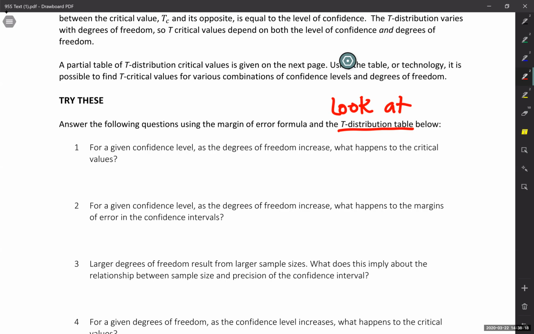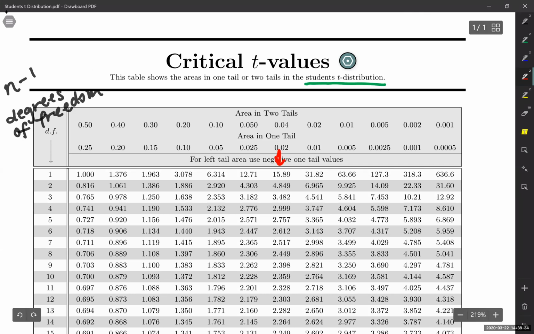All right, so we are looking at, as the degrees of freedom increase, what happens to the critical values. Looking back at this, it said any column, so we could just start in this column. It doesn't matter. We'll do a couple columns just to see if the pattern's the same.